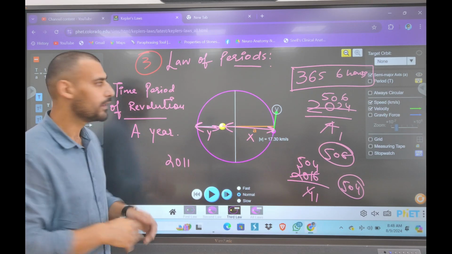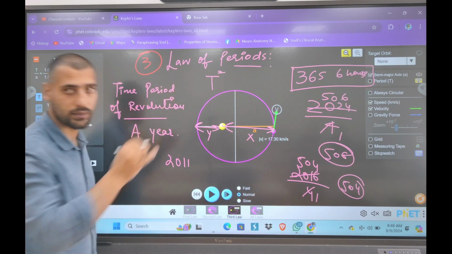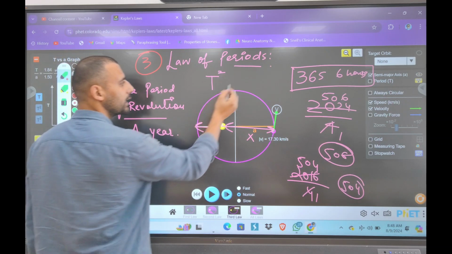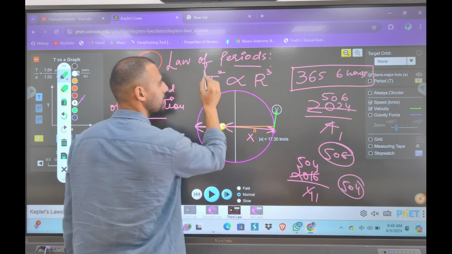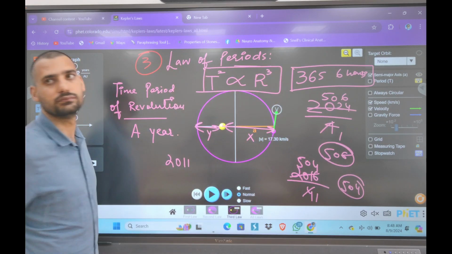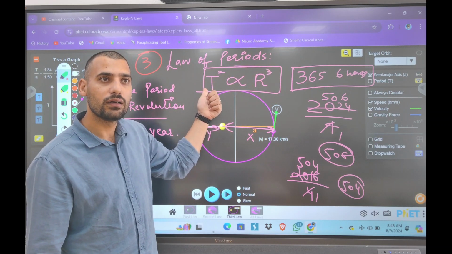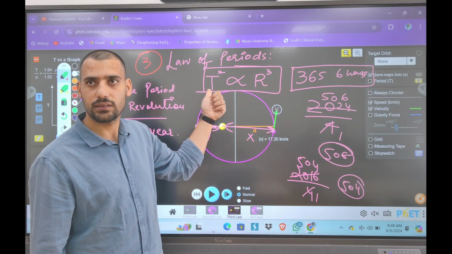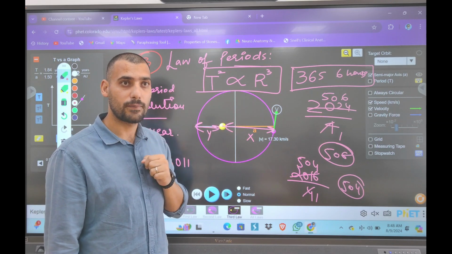He said that the square of the time period of revolution will be directly proportional to the cube of that average distance around the Sun. This is the law. That means the more the radius, the more the time period. Isn't it? Which planet has the largest radius around the Sun?